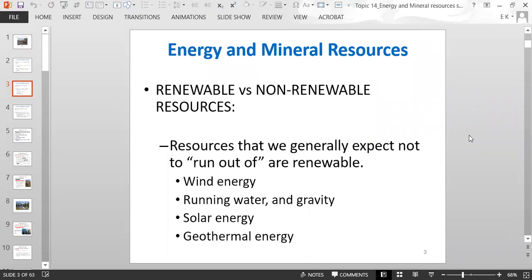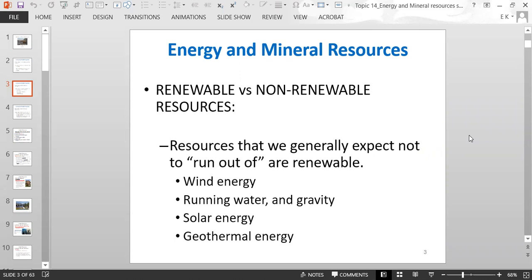So we have renewable and non-renewable resources. Resources that we generally expect will not run out are considered renewable. So wind energy, we do not expect to run out of wind energy.